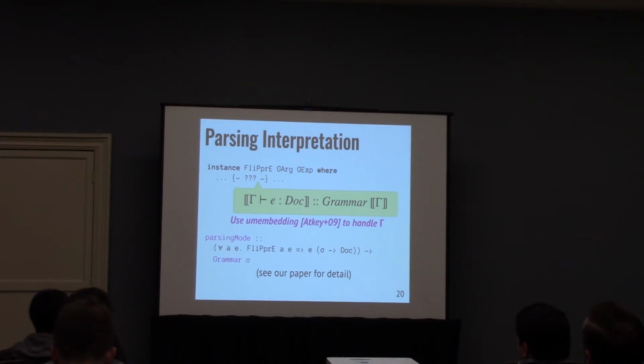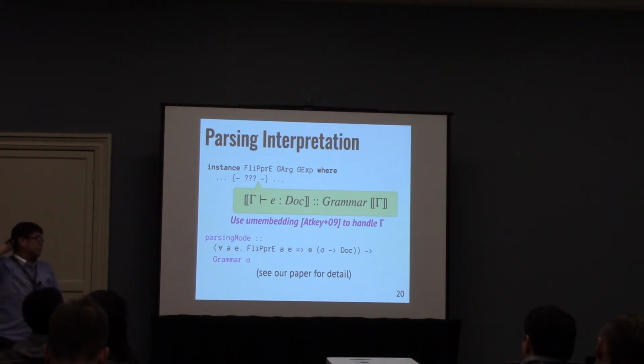But the parsing interpretation is much more interesting and challenging. We want to define its inverse semantics in such a way that a term in a context of type Doc will be interpreted as a grammar whose return type is gamma. That is, we want to refer to the environment in the implementation. To do so, we use an embedding to handle such a gamma.